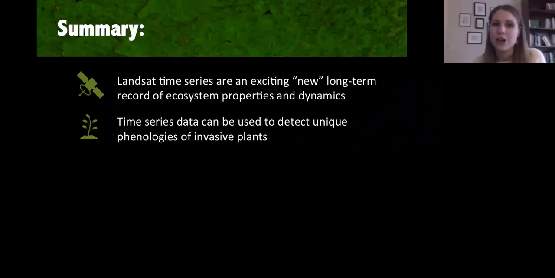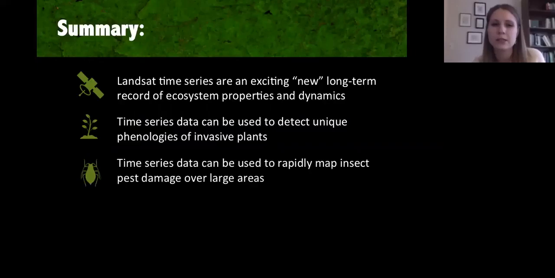The examples I showed are indicative that time series data can be used to detect the unique phenologies of invasive plants, and we're looking forward to continuing on with this work and hopefully producing maps of invasive plant distributions derived from time series estimates.